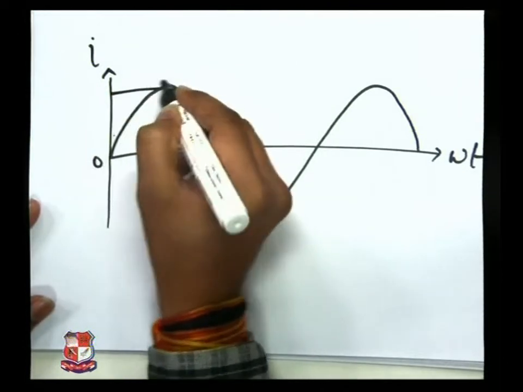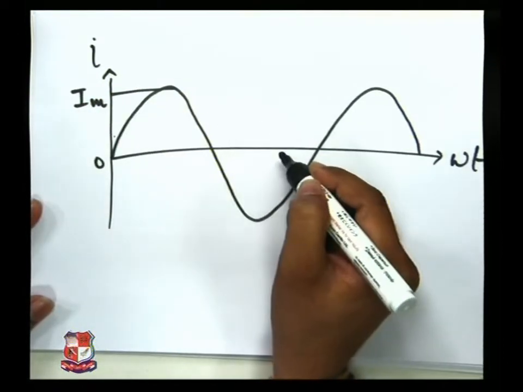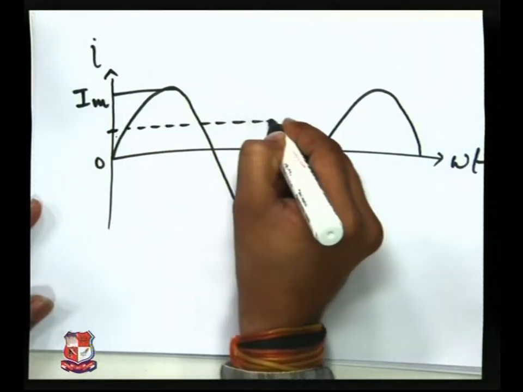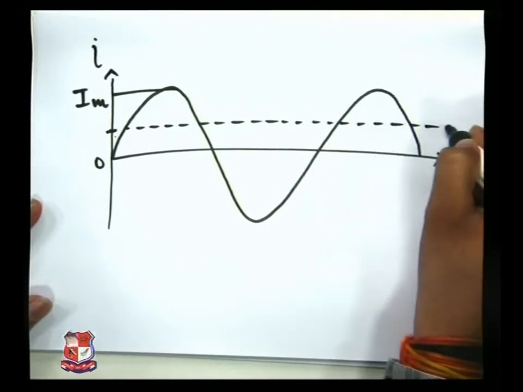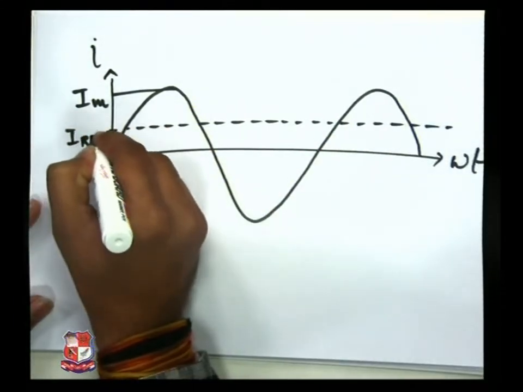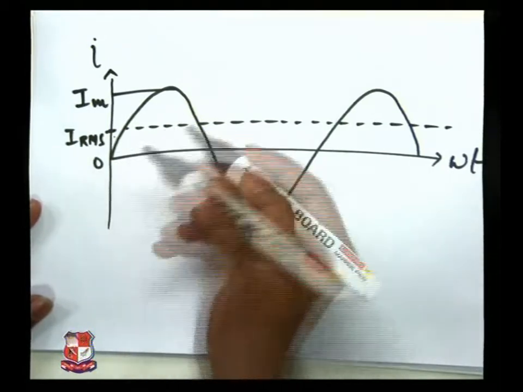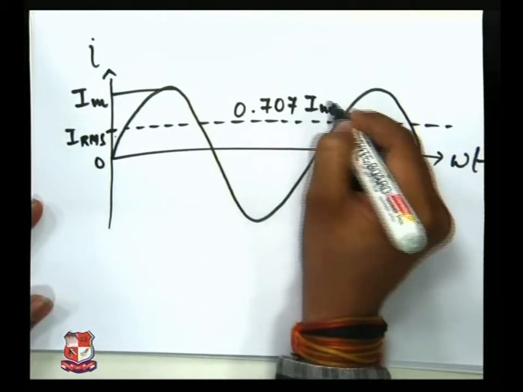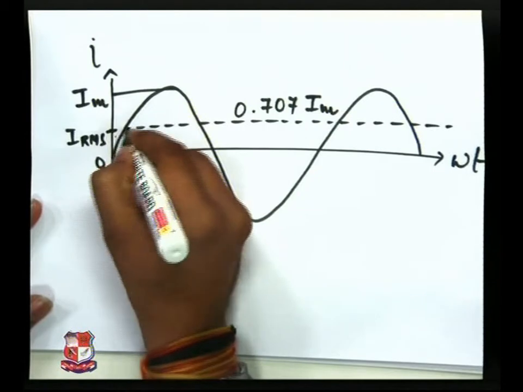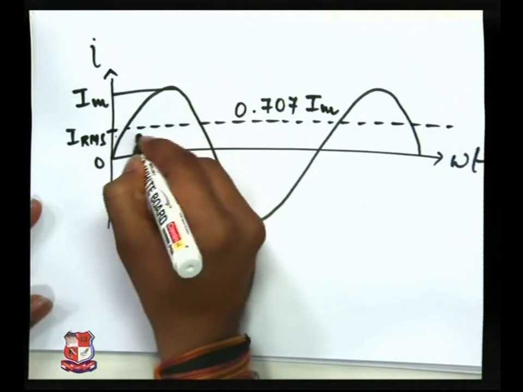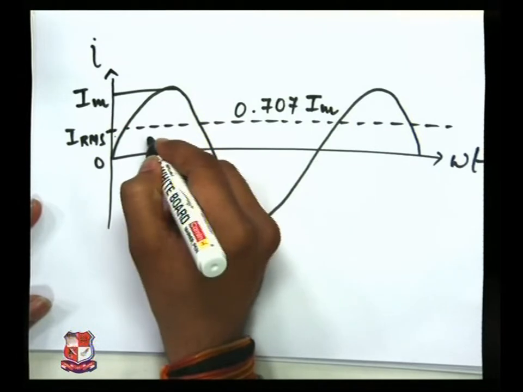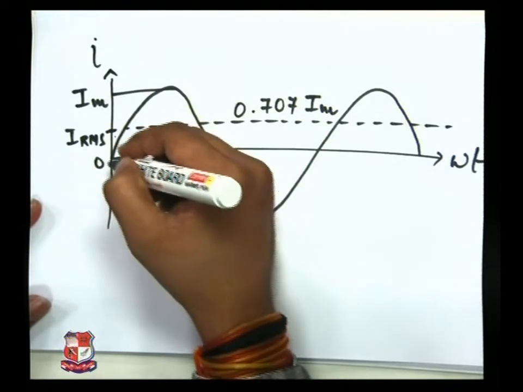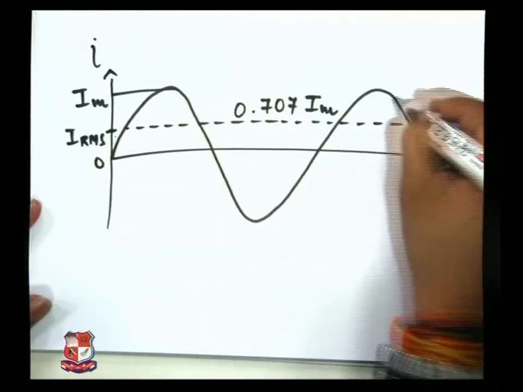This is the maximum amplitude of the current, and here the dotted line is your RMS value. So ultimately this is 0.707 of your Im. You just have to find that point, and by taking any one portion of that value, you can conclude all the parameters for that particular equation.